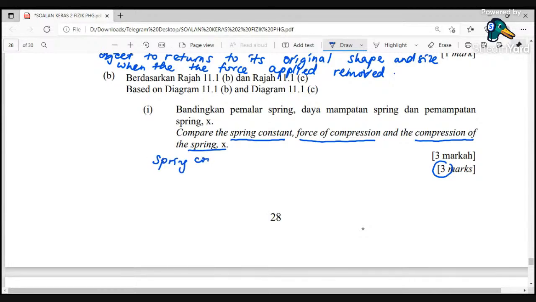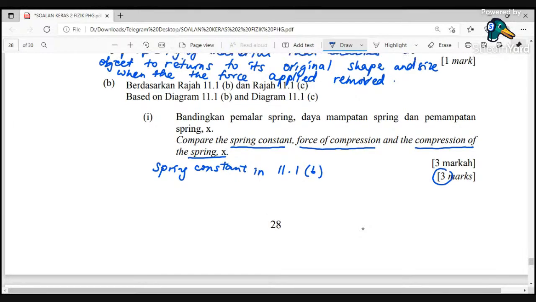Spring constant in 11.1 B and 11.1 C are equal. Okay, itu maksudnya compare lah. Ataupun nak tulis macam spring constant in 11.1 B is equal to that of in 11.1 C also can. So I will start with 11.1 B.